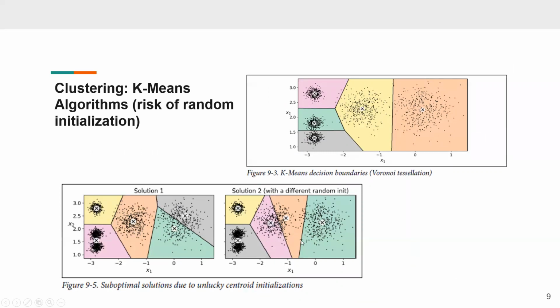This cluster has been split, while these 2 clusters are not split at all. So that's the risk of random initialization. And of course, we have to figure out some solution for getting away from this risk of random initialization.